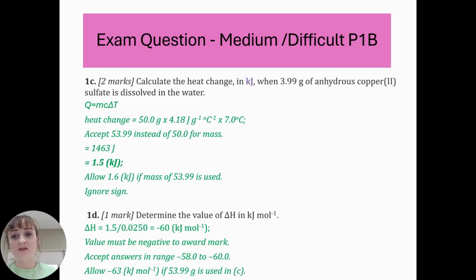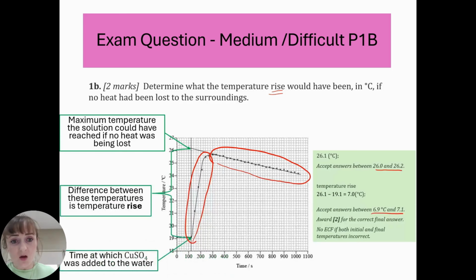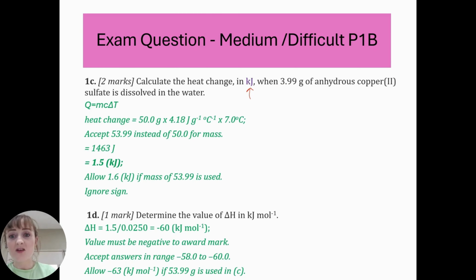Part C asks you to calculate the heat change in kilojoules when this mass has been dissolved in the water. So from part B, we know that the temperature rise is 7 degrees Celsius. So my change in temperature is 7 degrees. I know that it was added to 50 centimeters cubed of water, and I know that the density of water is 1 gram per centimeters cubed, which means that if I have 50 centimeters cubed, it would be equivalent to 50 grams.